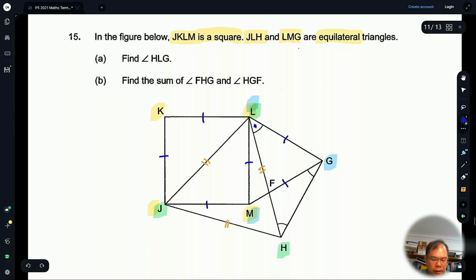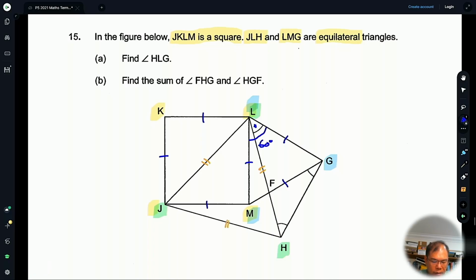Now, to find this angle, there are a few ways. I can make use of the equilateral triangle LMG, so we know that this will be 60 degrees.